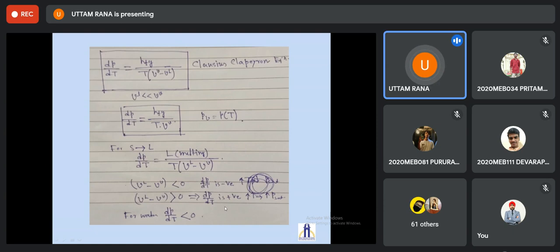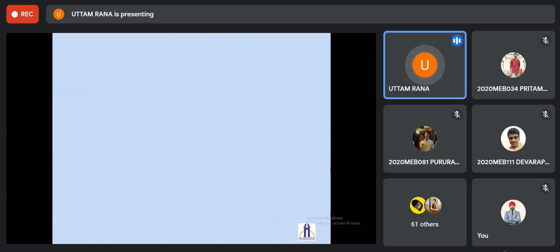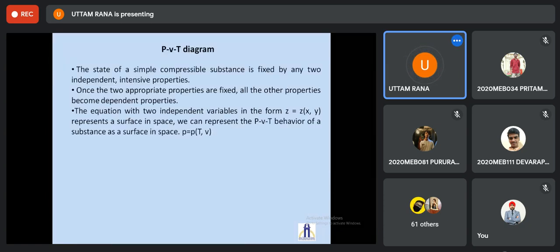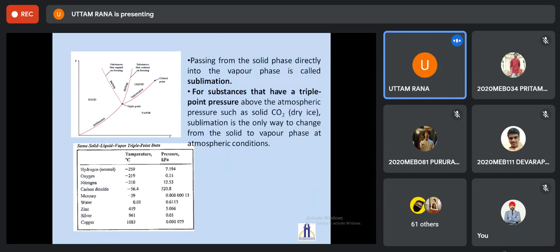Now just recall your PT diagram. Can you recall the PT diagram? Let me go back to the PT diagram. Here, what is the slope of this melting curve for a substance that expands on freezing? It is negative, right? Why is it negative? It comes from that relation.